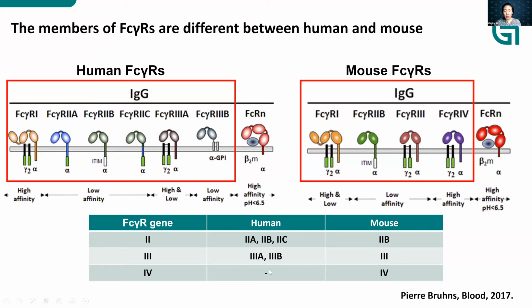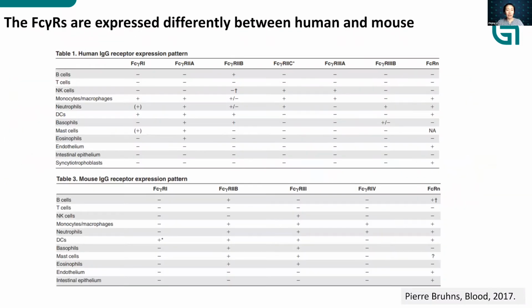Although I want to mention here that, although they are different, our knowledge so far seems to suggest that the mouse 4 is equivalent to the human 3A. We'll have more discussion on that and see whether that's really a functionally relevant or important point.